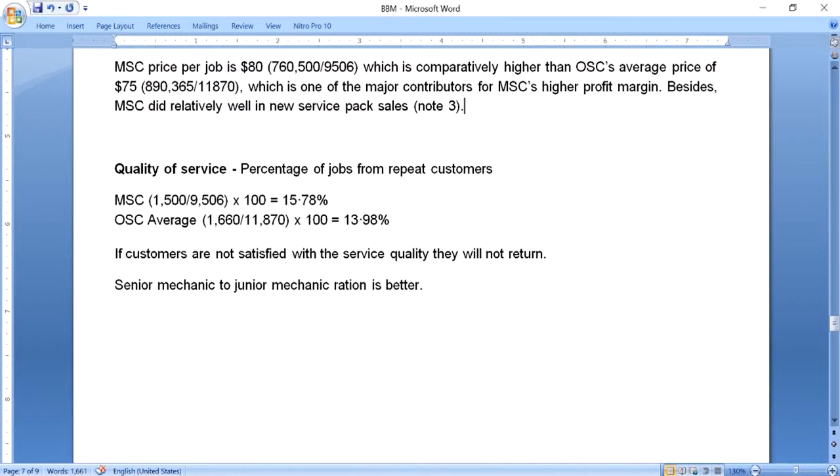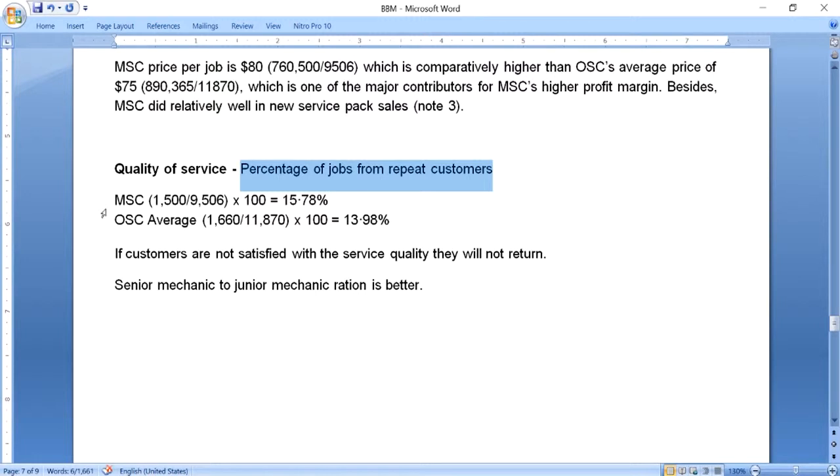So for quality of services, our percentage of jobs from repeat customers could be a good measure. Why? Because if the customers are happy with our service and quality, that means they will come back again and again for services. So if we calculate the percentage of jobs from repeat customers, it will indicate our quality of services.